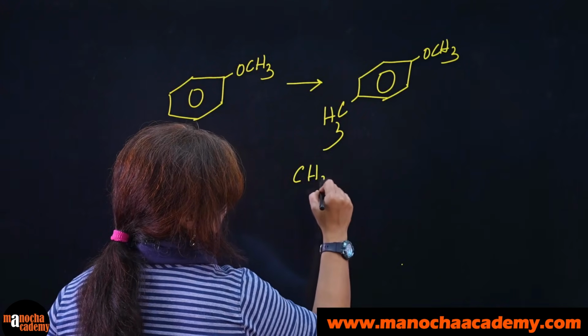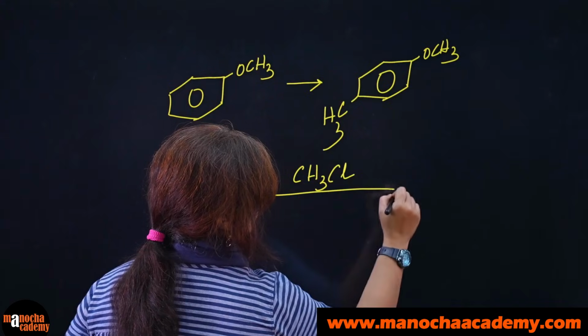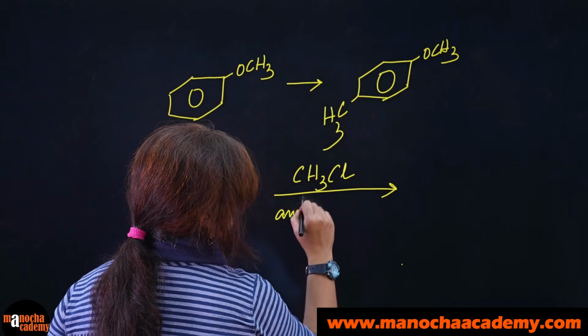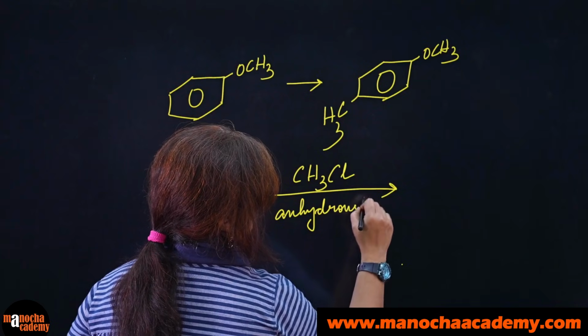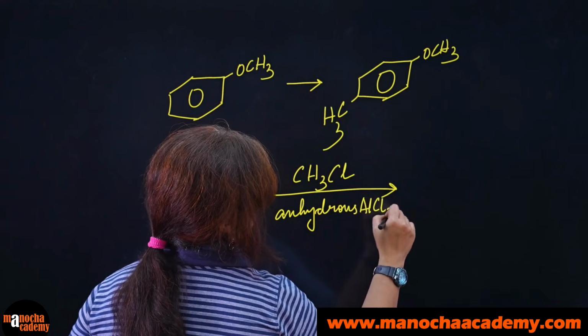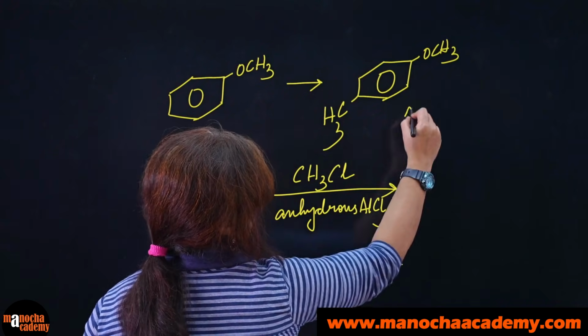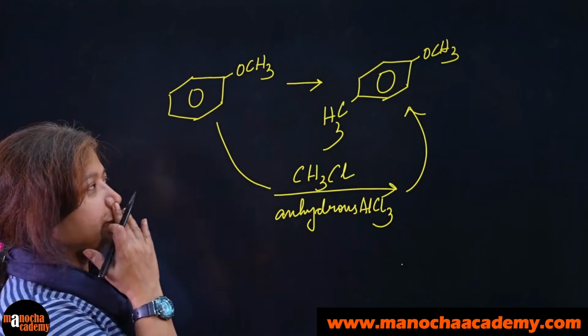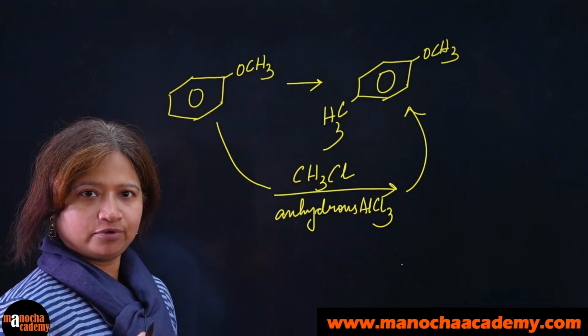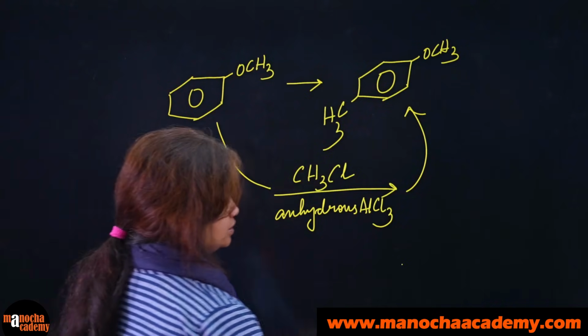Don't forget CH3Cl in presence of anhydrous AlCl3. You get both para and ortho, but para is obviously the major product because of steric reasons. Ortho is the minor product. So done with the second part.